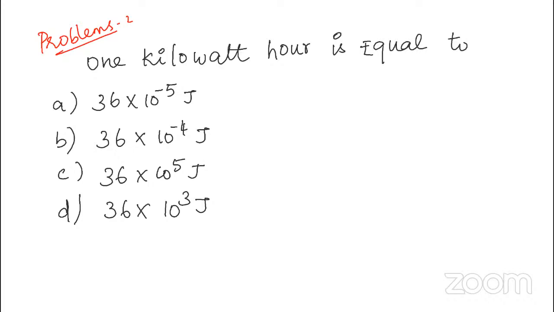So 1 kilowatt, we are representing this as a shortcut. 1 kilo means just 10 power watt. 10 power what can we write? Comment and let's see.